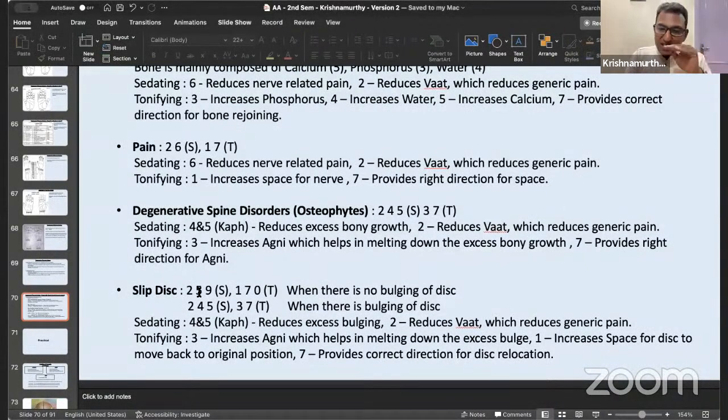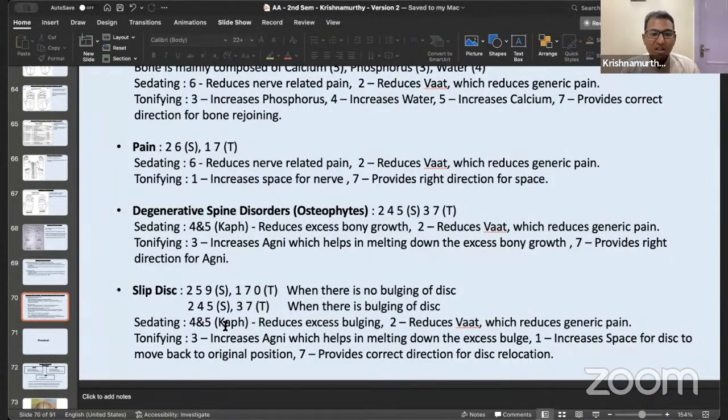When there is slip disc, something else moved. When it is moved, along with the bulging or without bulging, there are 2 things. When somebody comes with an MRI, there may be a bulge and a slip, or no bulge but a slip. When there is no bulge, I am sedating 2 and 2, 5, 9. 2 is to reduce pain, so generic pain I am reducing.